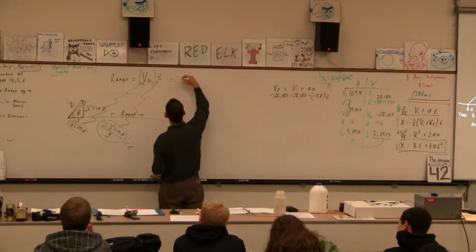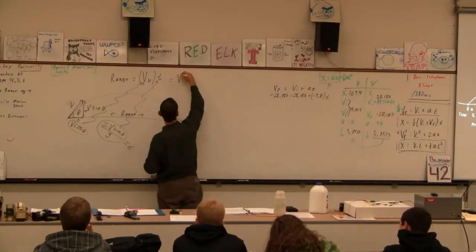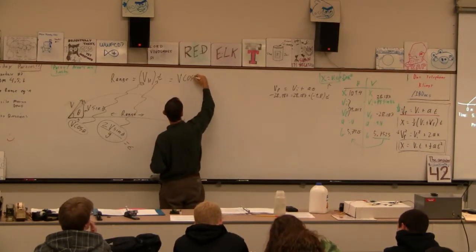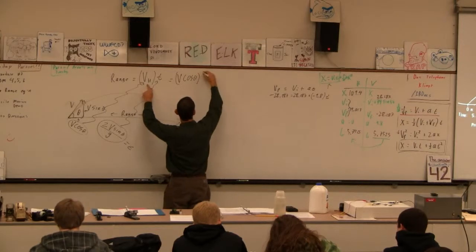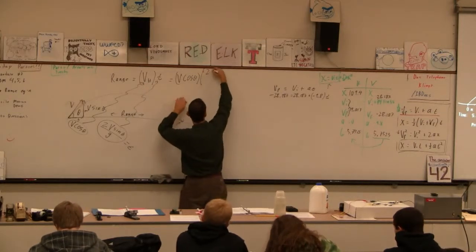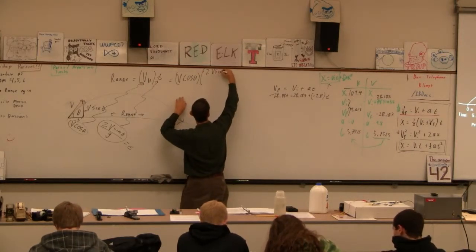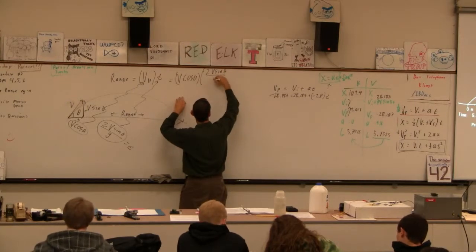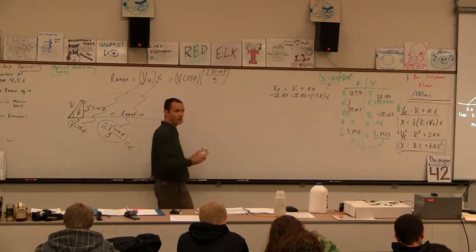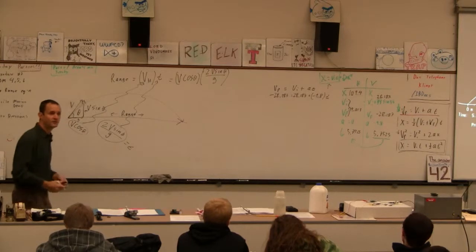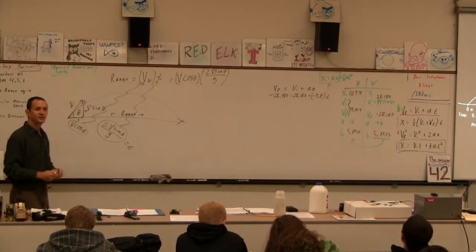So I'm going to go V cos theta. That's my horizontal velocity. And then the time is twice the vertical velocity. So twice V sine theta over g. Now we have a formula. Isn't that beautiful? Gentlemen. That is just a beautiful formula.